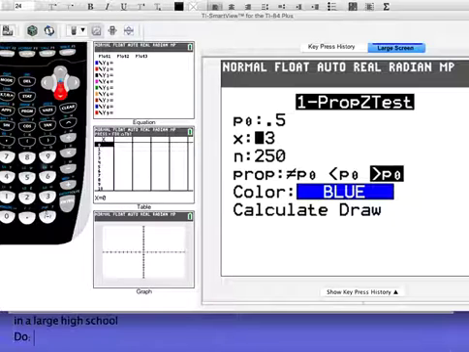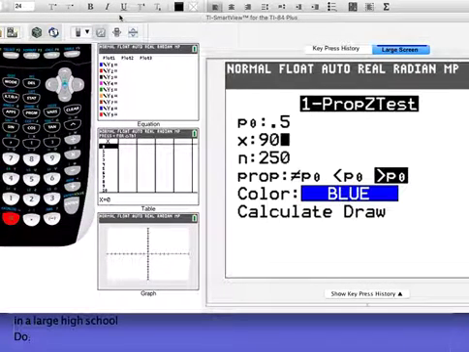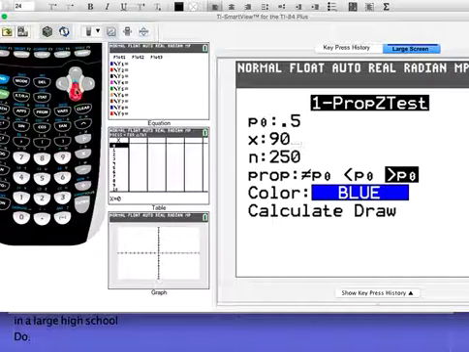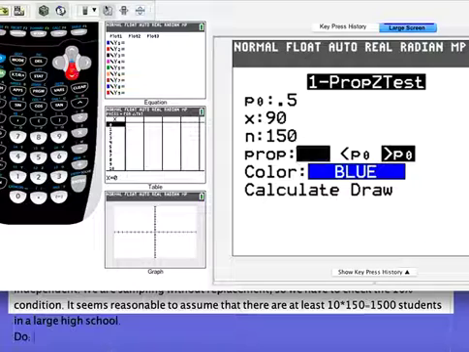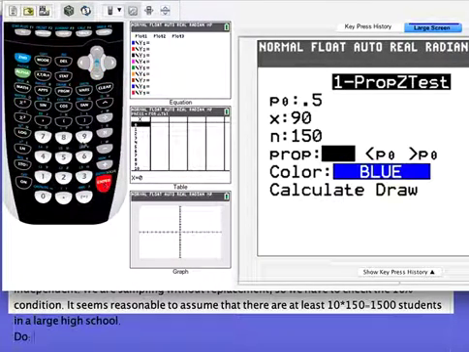So that would be 90. Our sample size is 150. And this time we are going to do the does not equal. And so that just means that he doesn't say if he thinks it's larger or smaller. Just kind of wants to see what happens. So go with that. And then calculate.